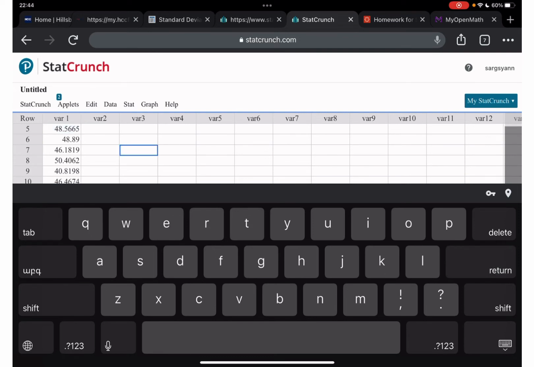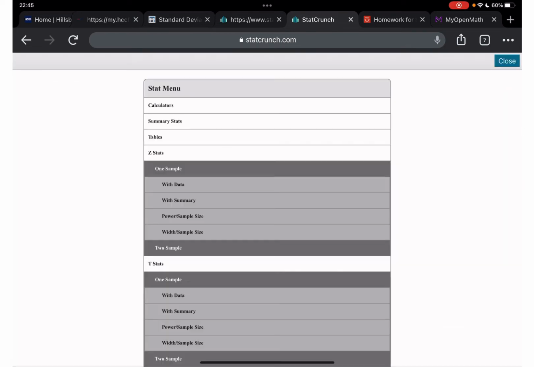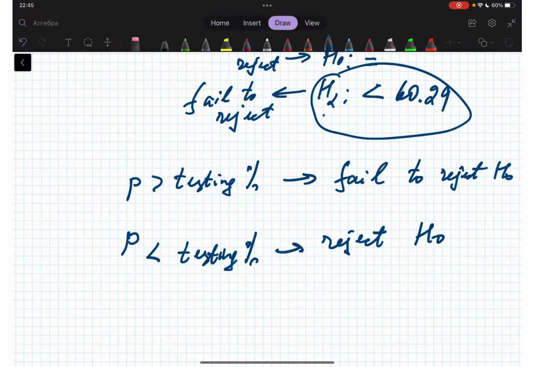Now this one we need to clean. Actually, if I choose the summary, then I don't need raw data. So let's choose it. Stat. Our sample size was how much? 35. Oh, one second. I promised to write down on the note. Here it is.